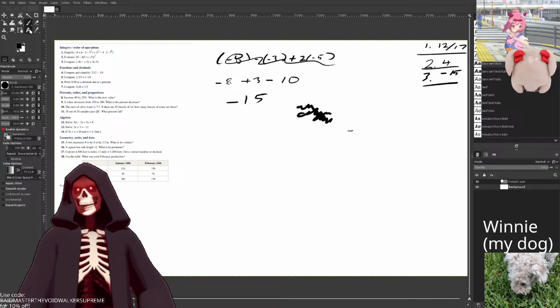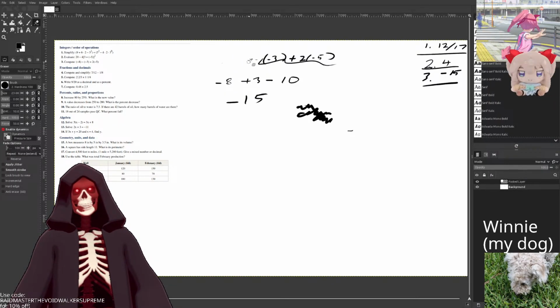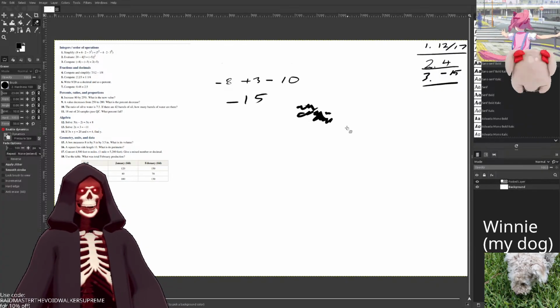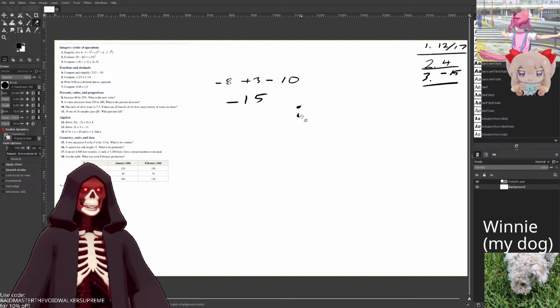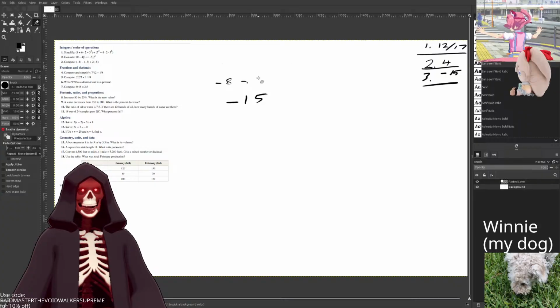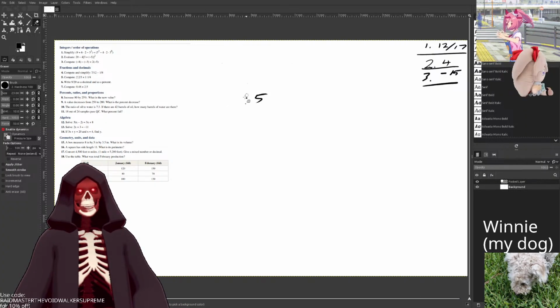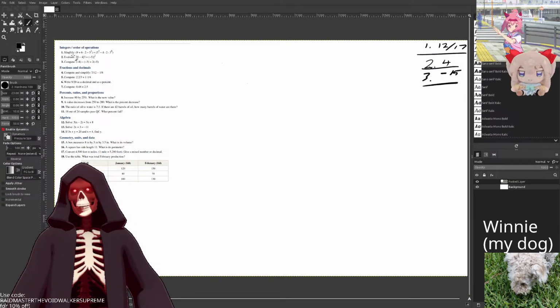There it goes. Okay. This is all very basic stuff so far. Granted, this is 8th level math, which is just the level of math I'm going to have to do at my new job. So, that's why I'm practicing.